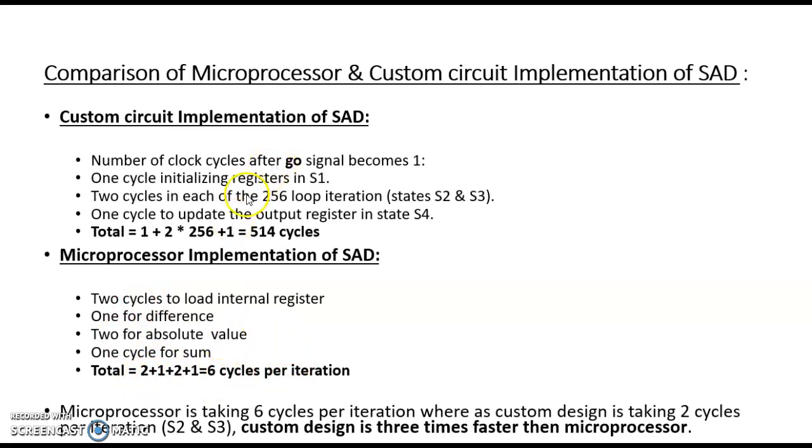In the custom design, the sum of absolute difference is calculated in S2 and S3, which take 2 cycles per iteration, whereas here we need 6 cycles per iteration. So your custom design is 3 times faster than the microprocessor. In this way, we can conclude that if we go for a custom design, these operations can be done faster.